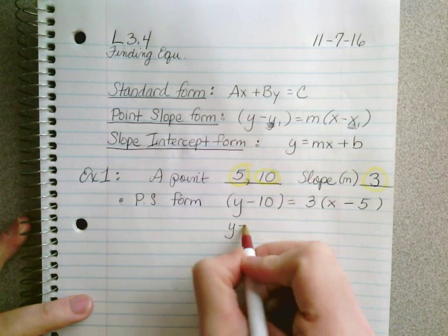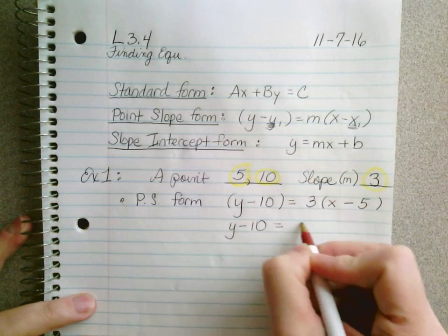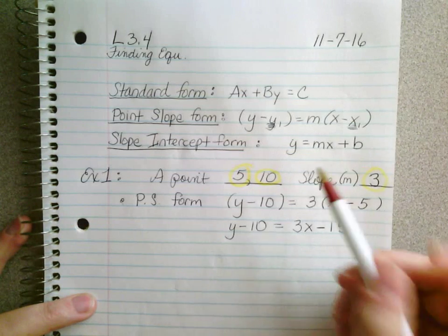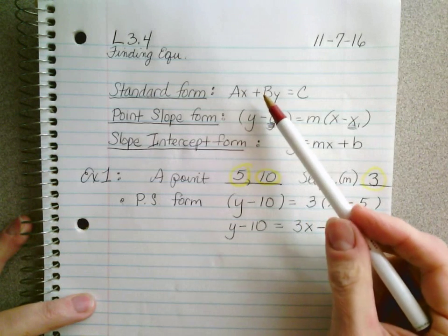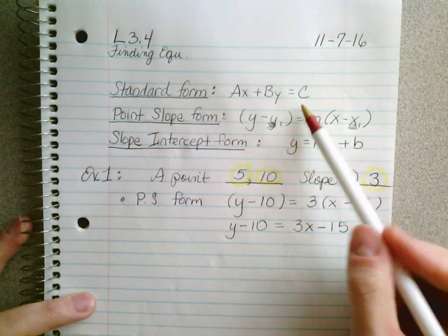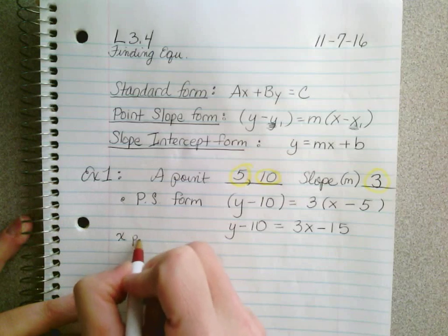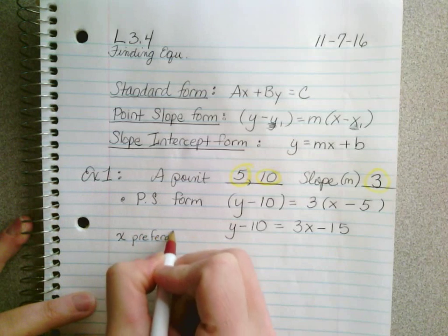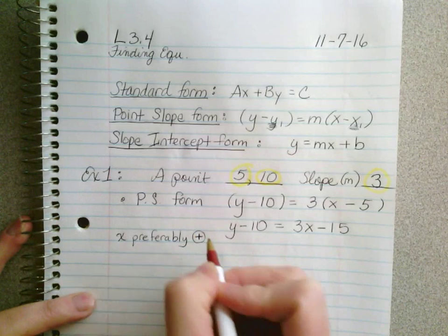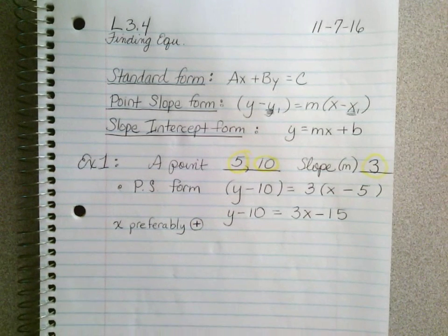So we'll start with y minus 10 equals 3x minus 15. Remember, standard form is something x added to something y equaling c, and x is preferably positive. I say preferably because technically if x is negative and everything else is correct, you can still have a correct equation, but by definition, x needs to stay positive.